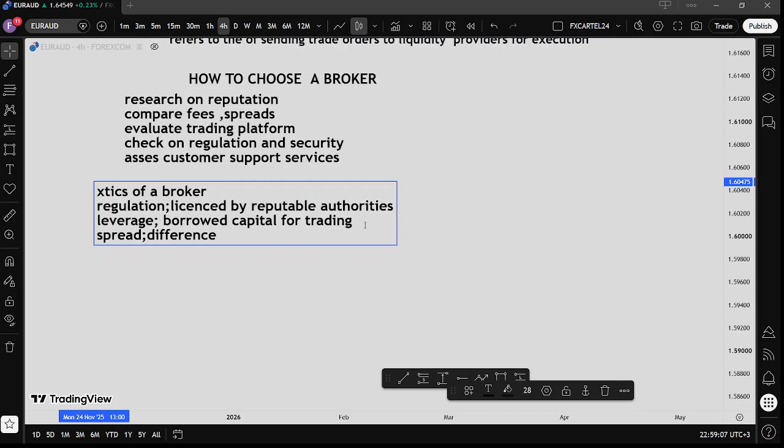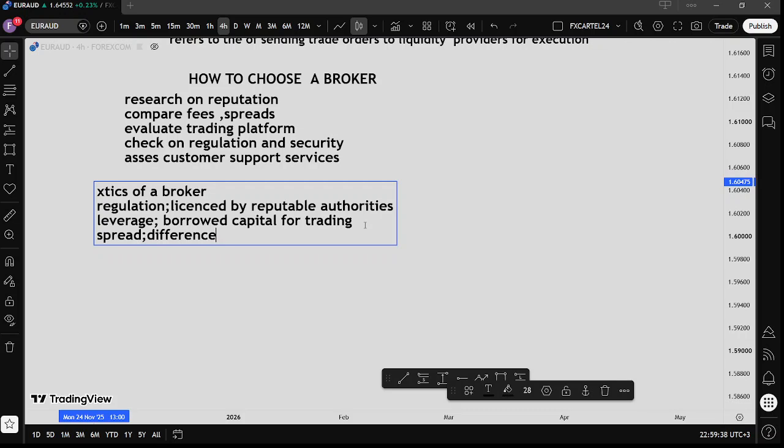We can use distance, but here the difference between the ask price and the bid price, that is what they call spread. Do you understand? It is not like measuring length, but here it is the difference.